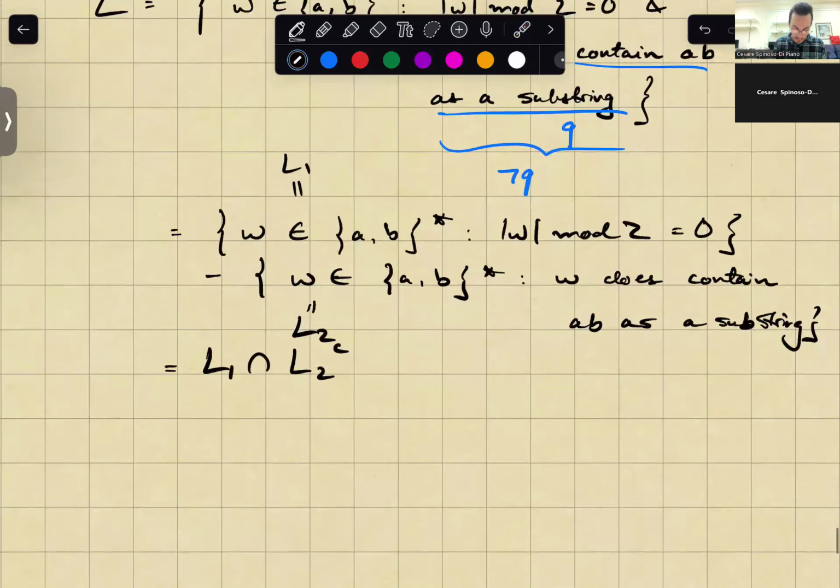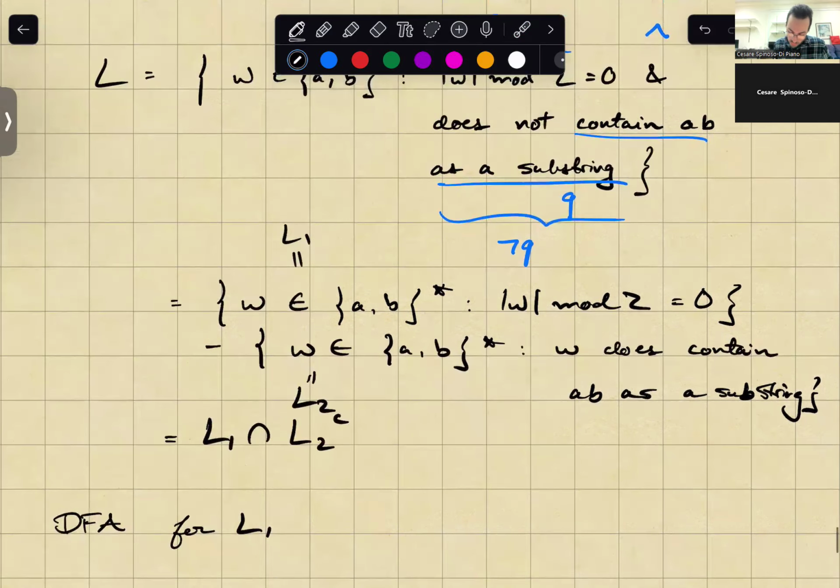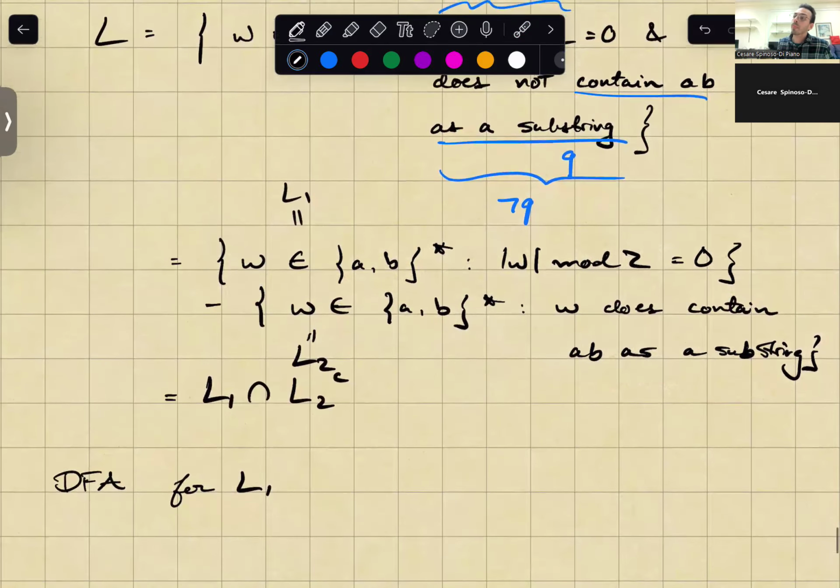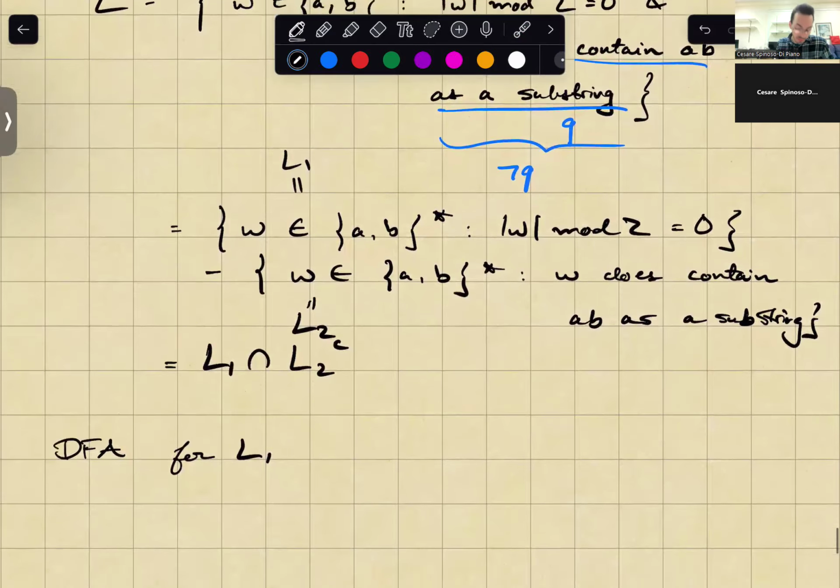So, and you're going to see in a second that that's quite easier to do because, for instance, a DFA for L1, well, that's when I want to create a DFA where I accept strings if they're of even length.